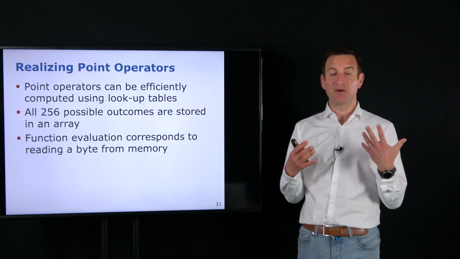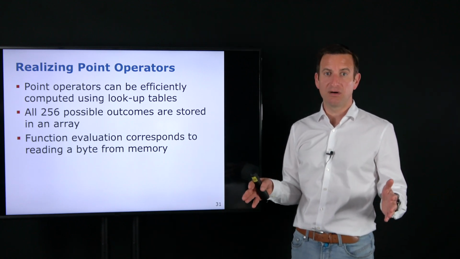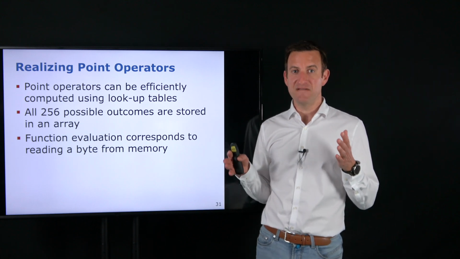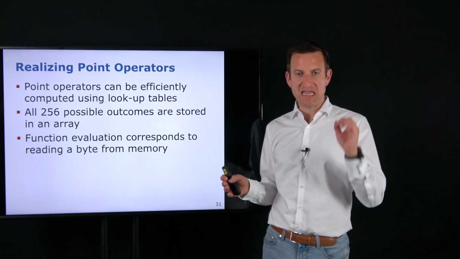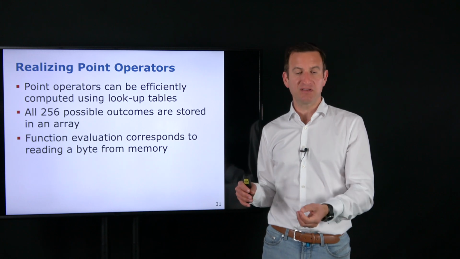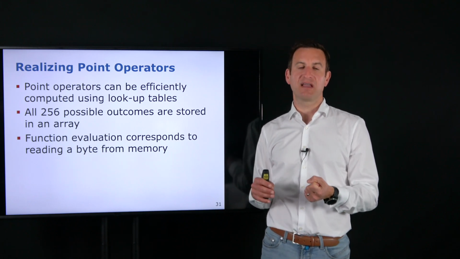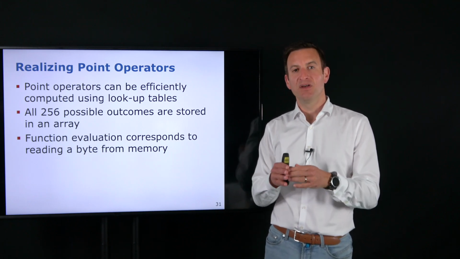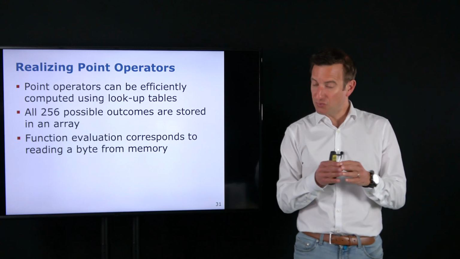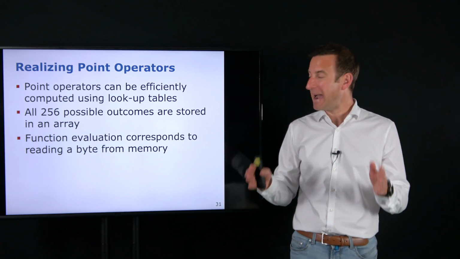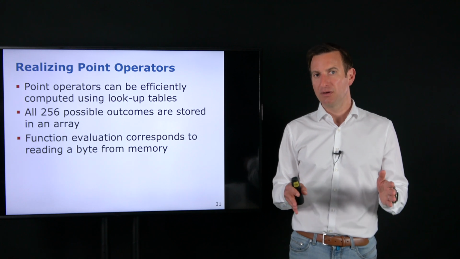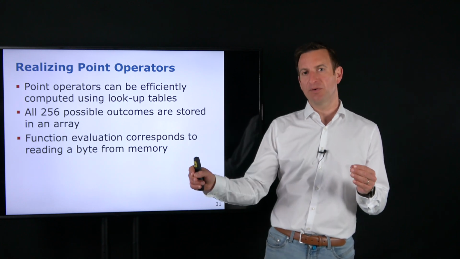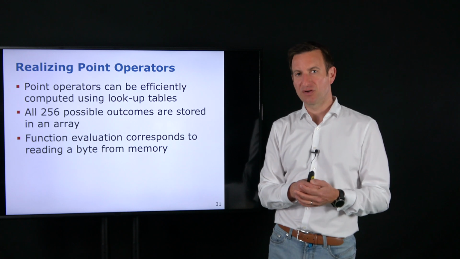What it basically is, it is a vector of 256 integer values, and the index gives you the input intensity, and what is stored in that vector is the output intensity. So it's basically a 256 byte long vector. We just need to look at the corresponding position and then get the transformed value out.